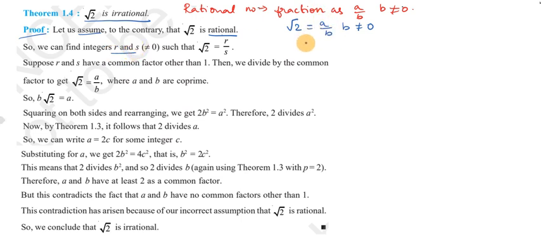The integers r and s may have a common factor other than 1, but it is not necessary that one must be there.